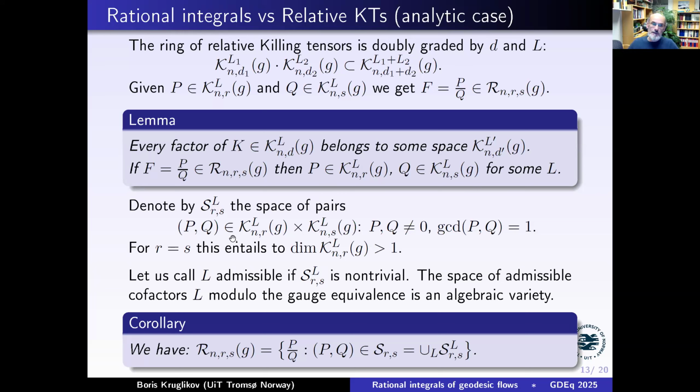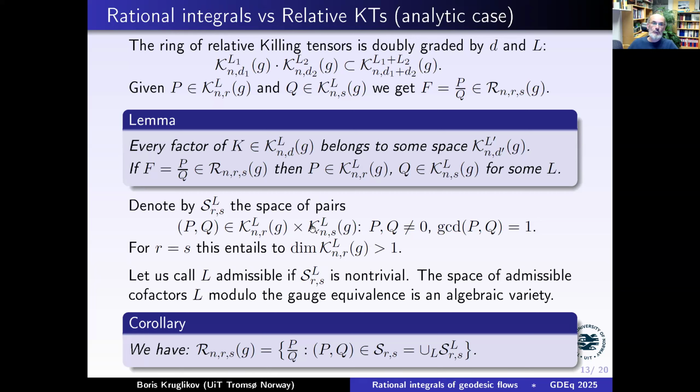Okay, so let's study the space of such P and Q. Okay, so we have the same cofactor and well, degrees whatever, right? So okay, we would like to divide them, therefore they are not identically zero. They should be not identically zero here. These polynomials, especially over C, of course, can have zeros, and we don't want common divisors.